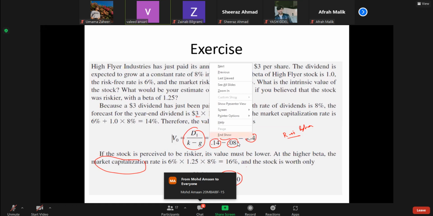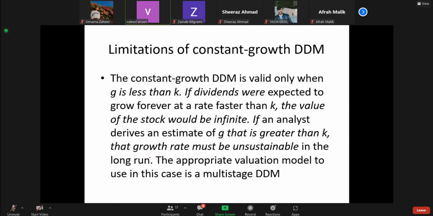So in this way, we can use this formula, and now there are limitations of this model. One limitation is that we assume constant growth, which may not be valid.